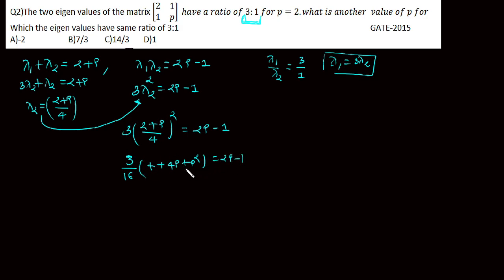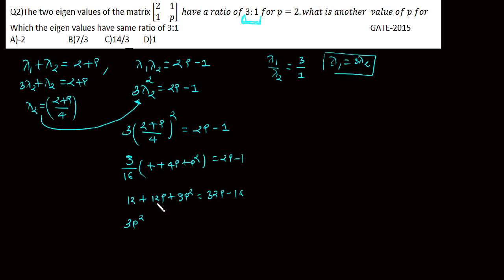So let's simplify a little bit. So here 12 plus 12p plus 3p square equal to this 16 will be multiplied with this term. So 32p minus 16. So let's bring all this term in the left hand side. So after that I get 3p square.